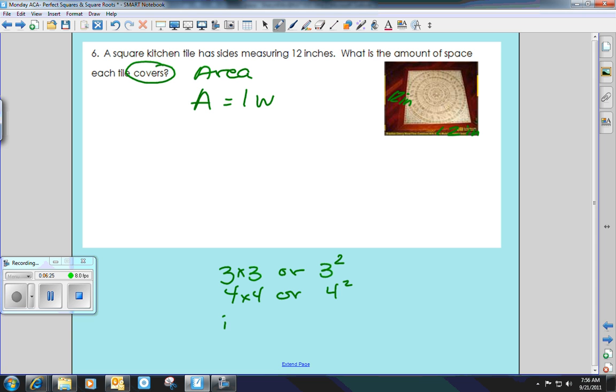So inches times inches, which is what we're doing here, 12 inches times 12 inches, will be inches squared for our label. So when you're labeling this, find your area, length times width, and it will be in inches squared for your label.